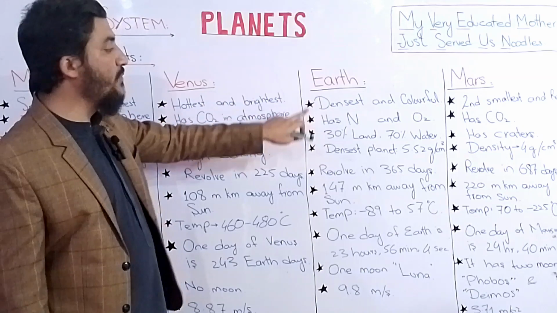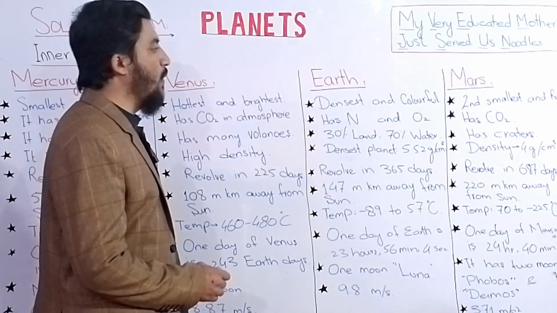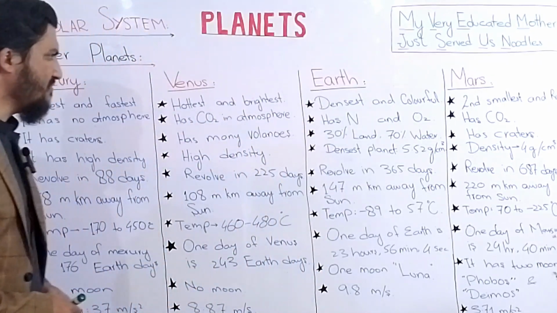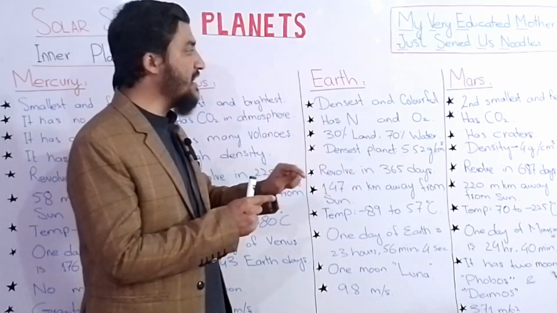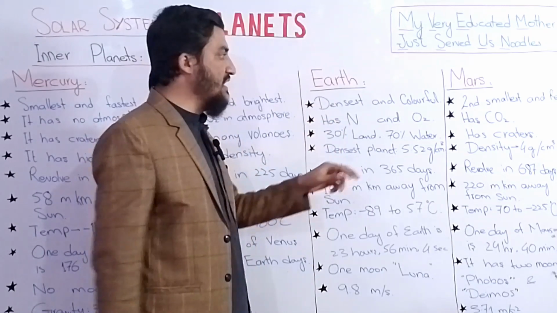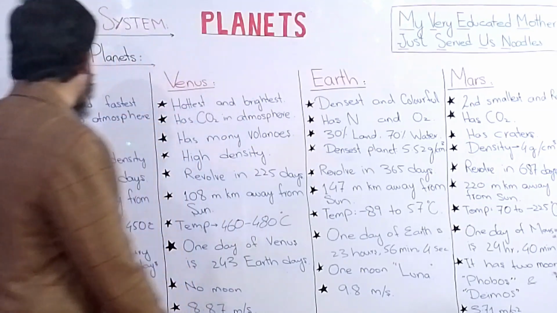Earth is composed of 30% land and 70% water, while Mars also has craters. These craters are made by the hitting of meteoroids and asteroids upon its surface.